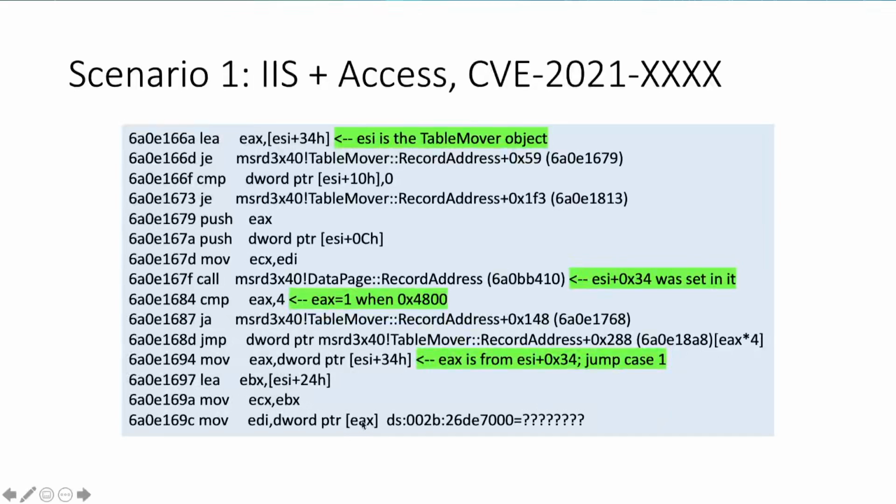You can see EAX is from ESI plus offset 34. ESI is a table mover object, and the record address function sets the value at offset 34 of the table mover object. And if this function returns 1, the code will go to the branch of accessing invalid memory and cause a crash. Please keep it in mind, we'll introduce it later.